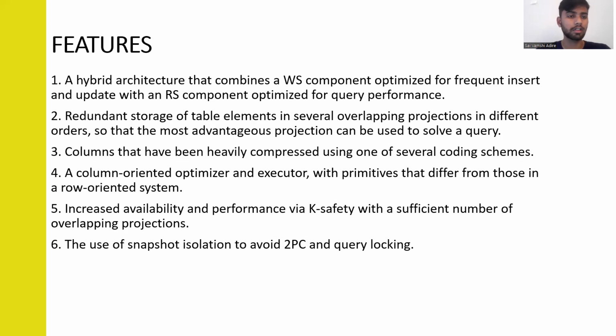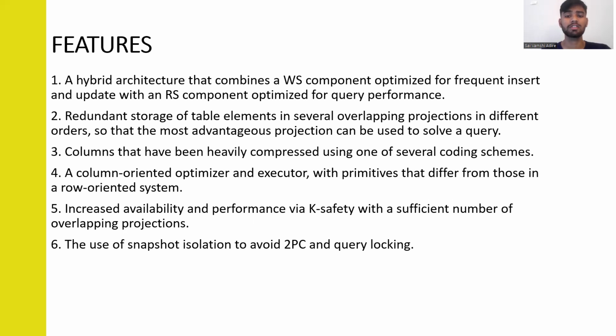Now the features. It has a hybrid architecture that combines a WS component optimized for frequent inserts and updates with an RS component optimized for query performance. The table elements are overlapping projections in different orders, so the most advantageous projections can be used to solve a query.